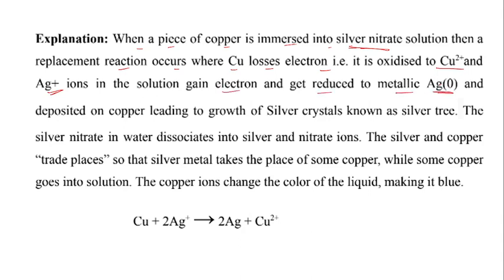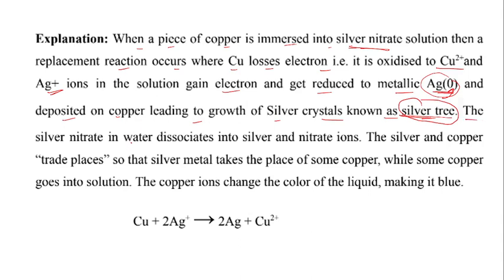Ag0 means it is metallic silver. This 0 represents the oxidation state of silver, and it is deposited on copper, leading to the growth of silver crystals known as a silver tree. So the silver tree is nothing but silver crystals depositing on copper.